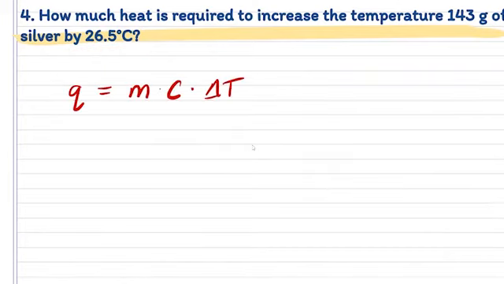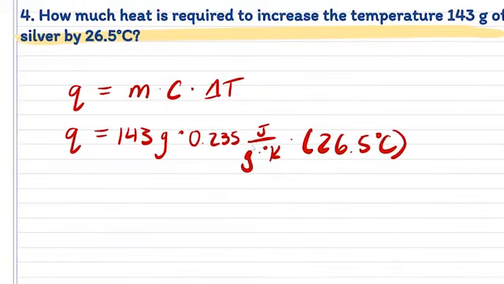So heat is equal to our mass times specific heat times our change in temperature. So our mass is 143 grams. Looking at my table lets me know my specific heat for silver. And we already know our change in temperature of 26.5 degrees Celsius. So plugging those numbers into my calculator, I get 891 joules.